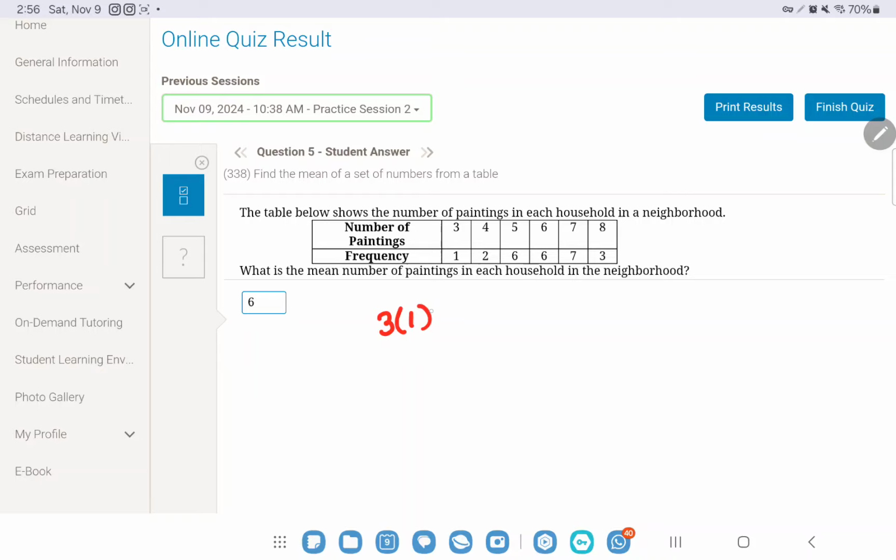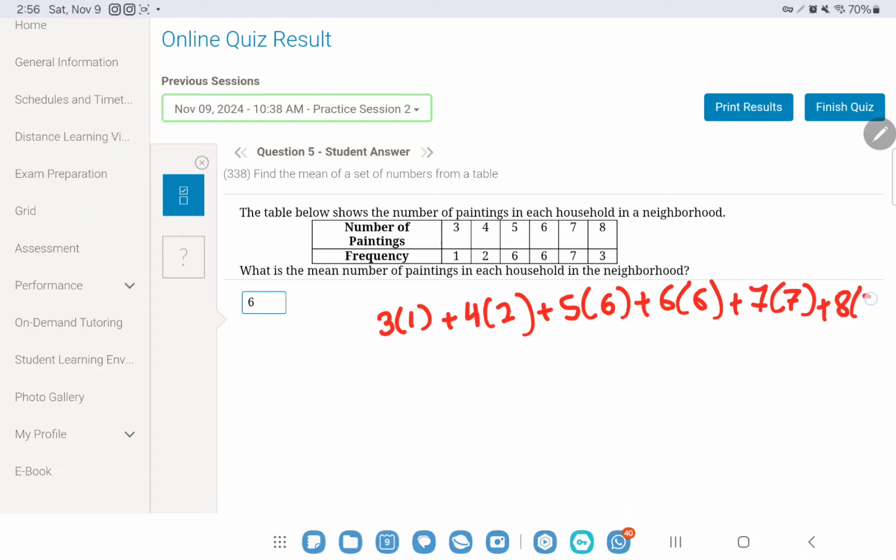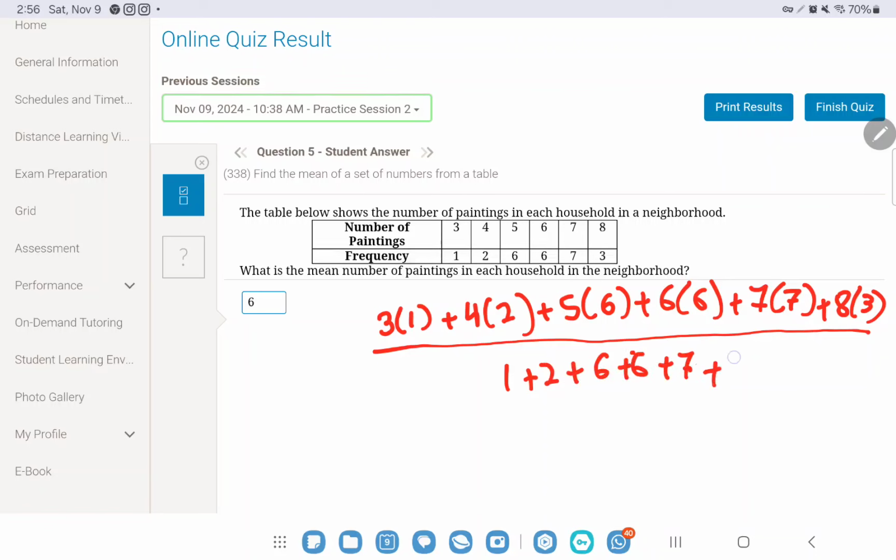This is the question I got mixed up with, by the way. 4 into 2 plus 5 into 6 plus 6 into 6 plus 7 into 7 plus 8 into 3 all over 1 plus 2 plus 6 plus 6 plus 7 plus 3.